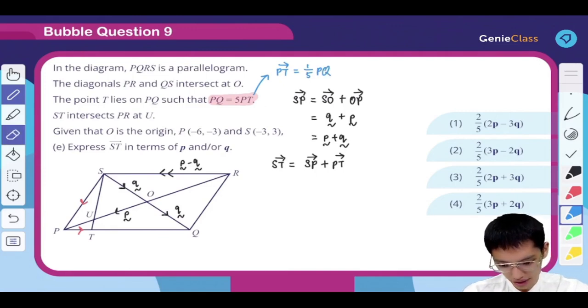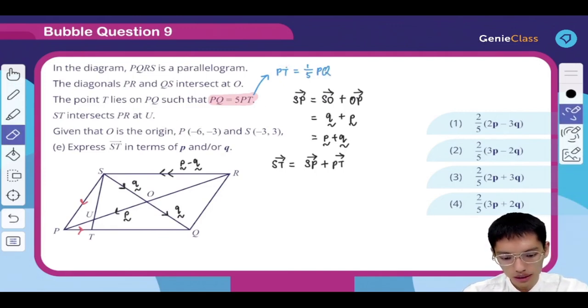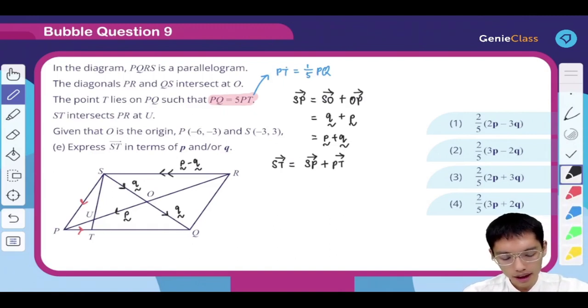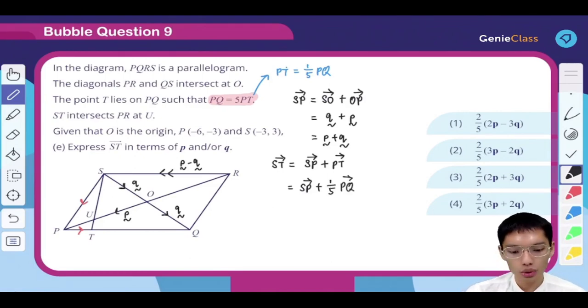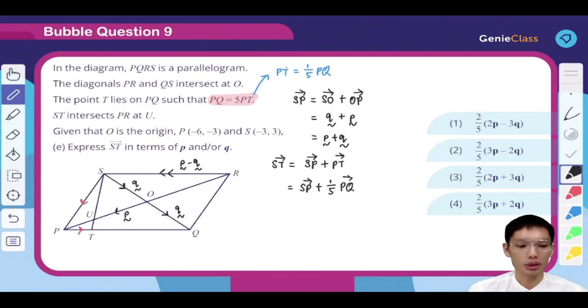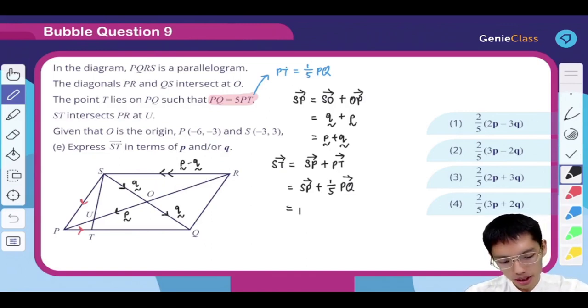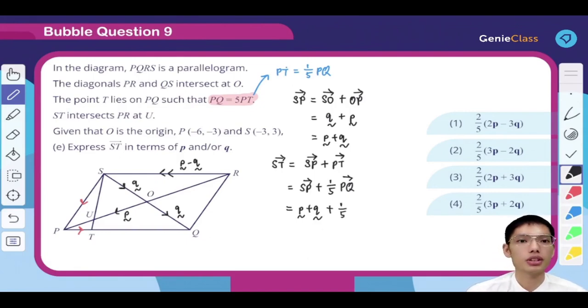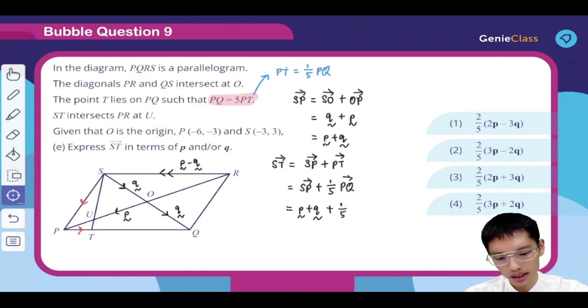In terms of length first, we are talking in terms of length. However, since the directions are the same, this applies to the vector as well. 1 over 5 of PQ. Now what is PQ? Have we done this just now? That's why I provided this. Can anybody tell me? SP is P plus Q. If RS is P minus Q, what is PQ? It's the same magnitude, just that the direction is different.